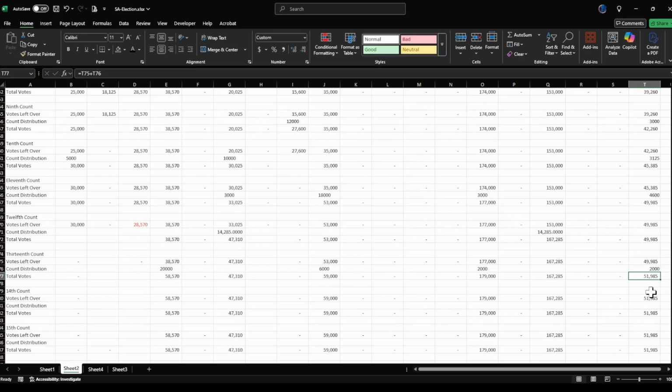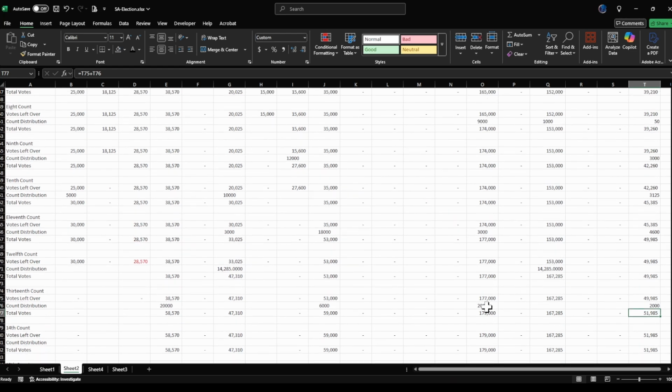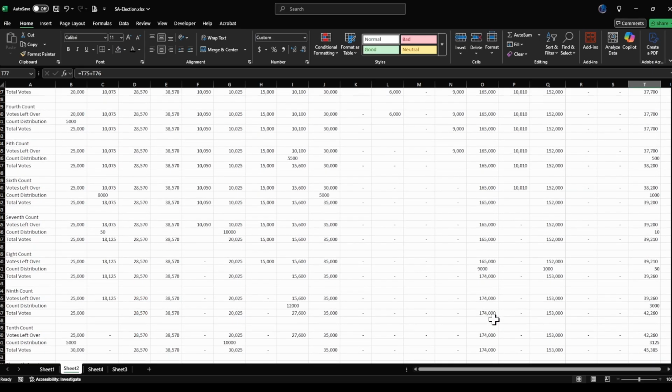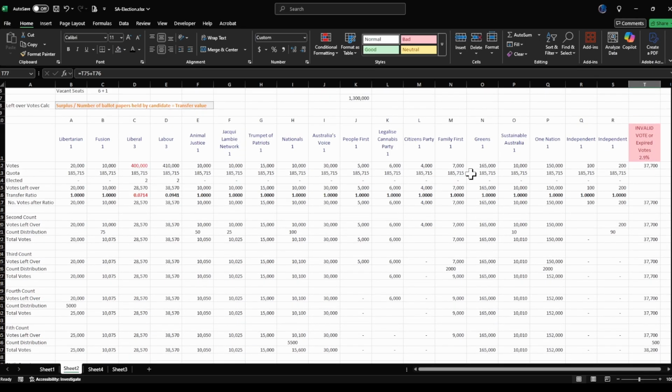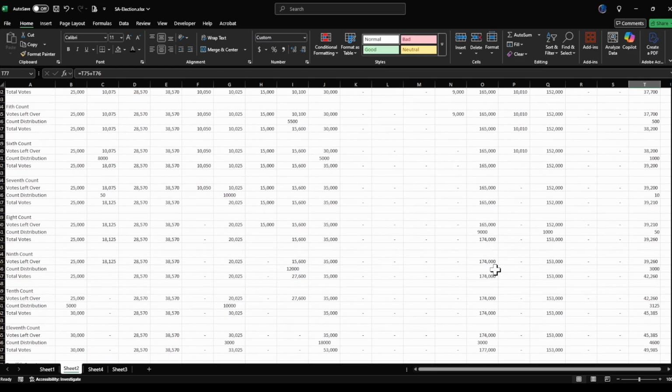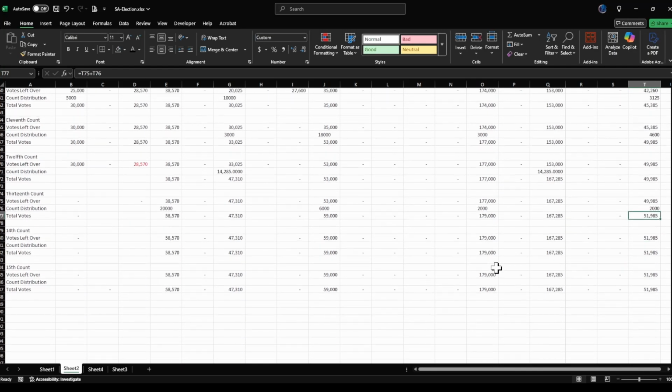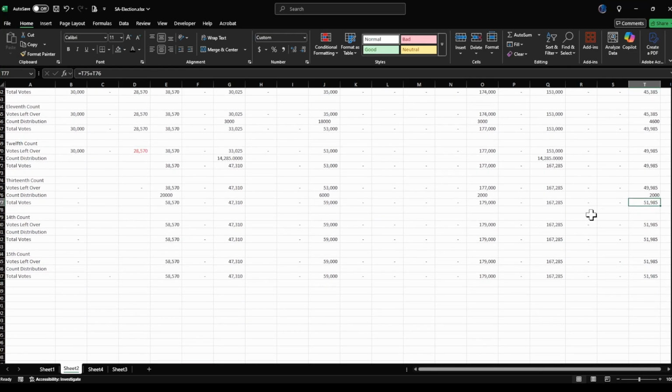I see 51,000 votes now no longer counting in the election because of the expired votes. But interestingly enough to note, in here we have 179, which is still not enough. It's 185 that we're looking for. So we've got to go through this process again.